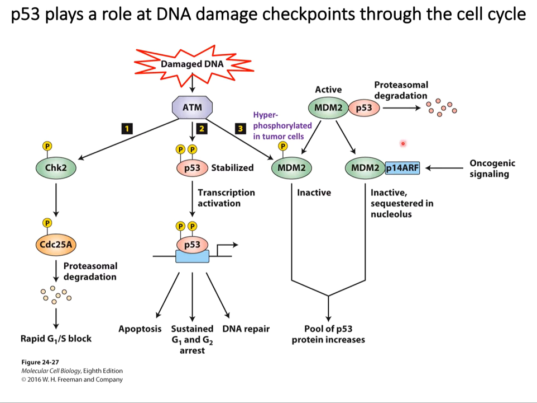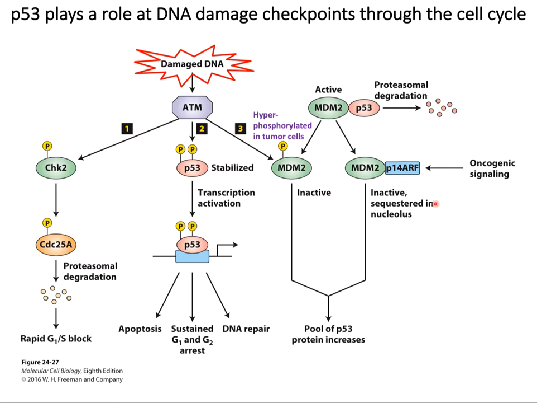I need to mention one other thing about MDM2. In transformed cells, there is a protein known as p14-ARF that's often expressed at abnormally high levels, and it binds to MDM2 and prevents its interaction with p53. That inhibition of the interaction with MDM2, again, increases the pool of stable p53 in the cell.